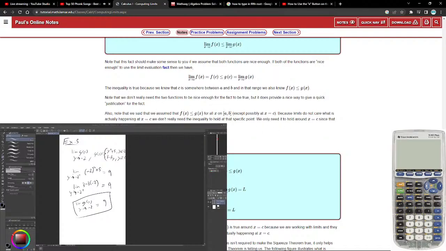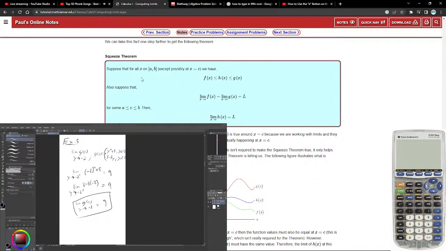You can take this fact one step further to get the following theorem, the squeeze theorem. Suppose that for all x on AB, same thing again, we have that. Okay, and suppose that the limits go to the same value.